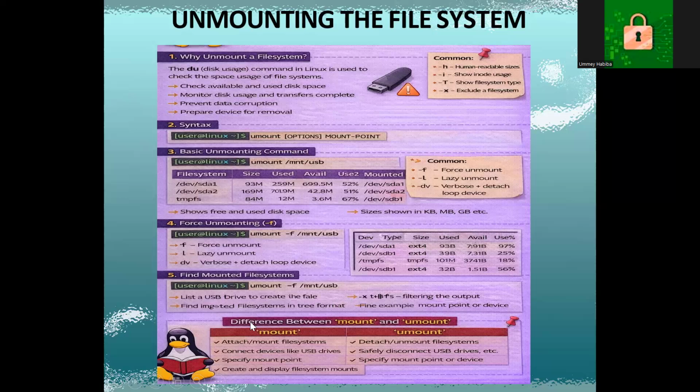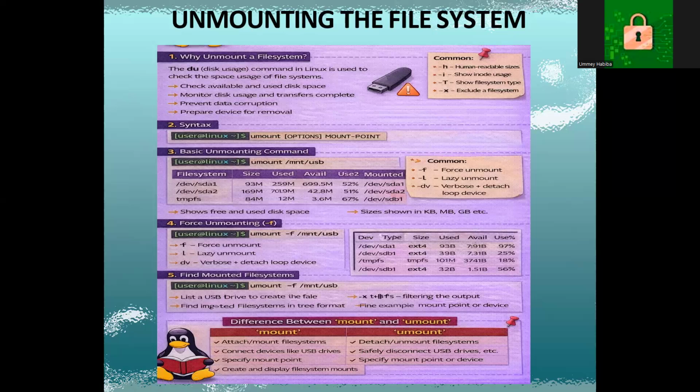Now this is the difference between mount and unmount. Mount is used for attaching a file system, and unmount is used for detaching. Mounting connects devices like USB drives, CD-ROMs, and hard disks. Unmount safely disconnects USB drives, CD-ROMs, and hard disks. Mount specifies a mount point.